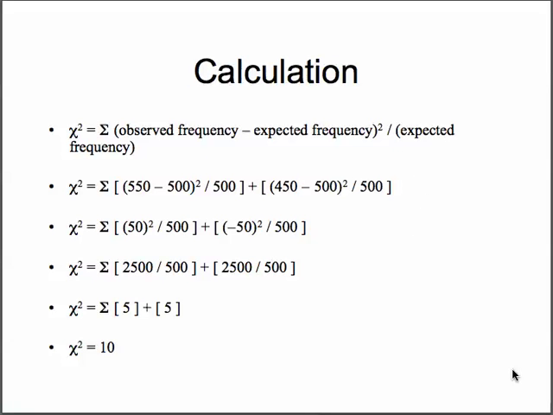In doing the calculation, 550 minus 500 and 450 minus 500 are 50 and minus 50 respectively. 50 and minus 50 squared equal 2,500. 2,500 divided by 500 is 5. 5 plus 5 yields a chi-square of 10.